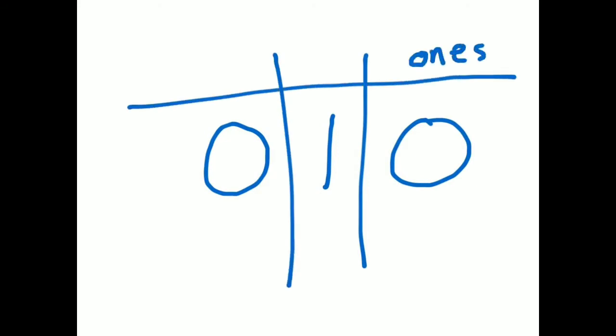We always have the ones column, and that's true in any base, whether it's base 10 or base 2 or whatever the case is, you always have your ones column on the far right. Now, next to that, we have the base, whatever the base happens to be. In this case, since we are using binary, the base is 2.